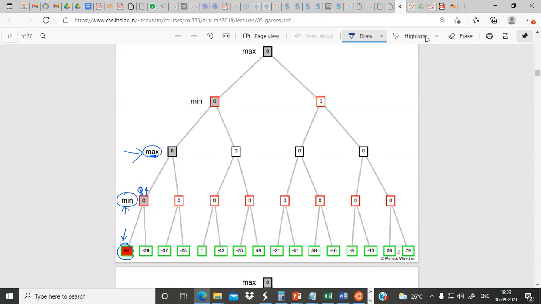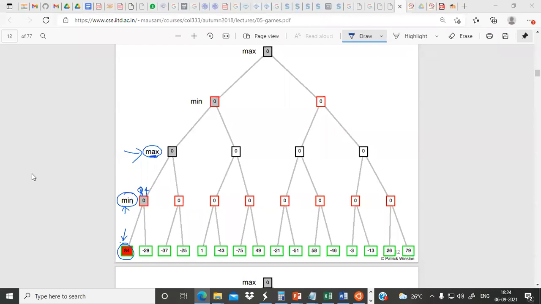This is a max node, it will check its two children. Only the leaf nodes we have not explored; the other nodes, let us assume they are explored. Out of these two, 84 and 0, what is the maximum? 84. So now we are backing up the 84 here, right?